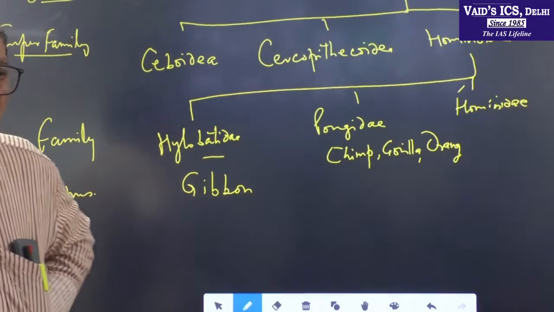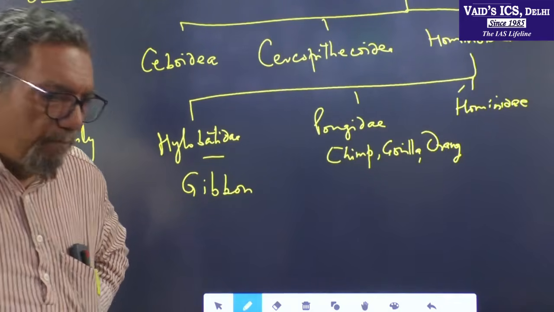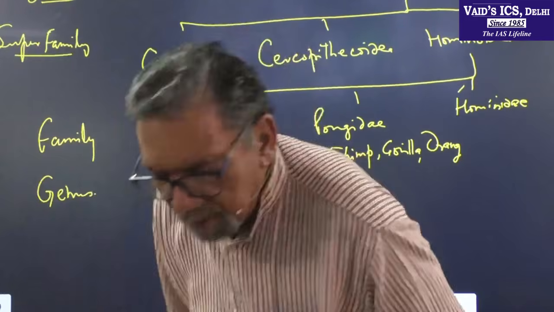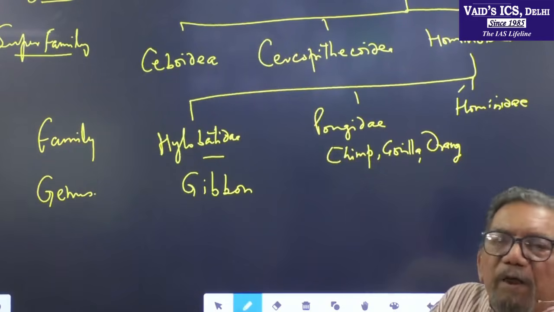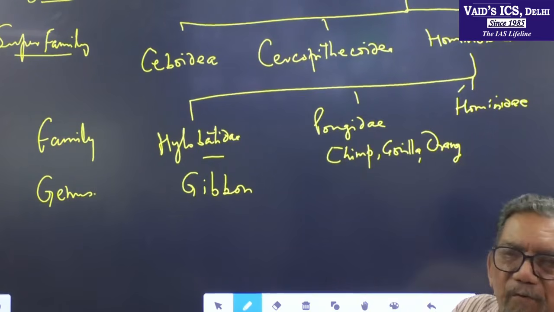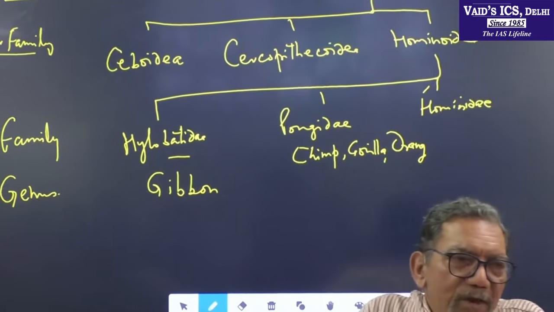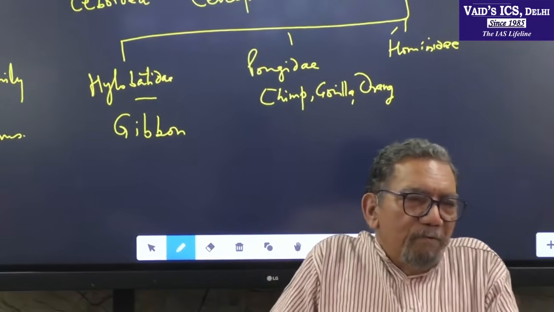Chimpanzee, gorilla, orang. Again in GS prelims they can ask you the full name of orang is orangutan. Translation is man of the forest. Dryopithecus is ape of the forest, orangutan is man of the forest.